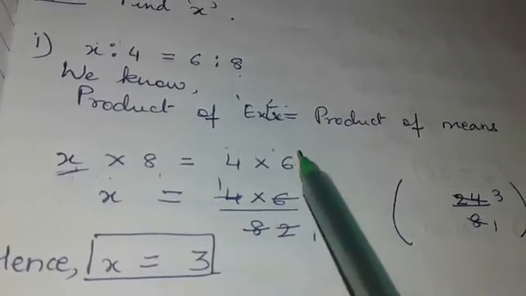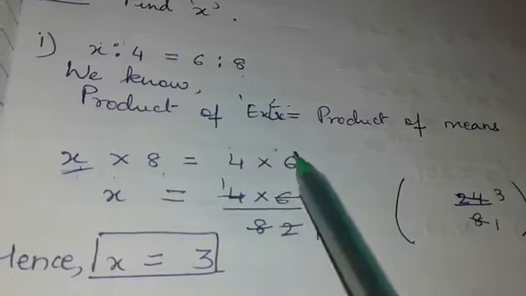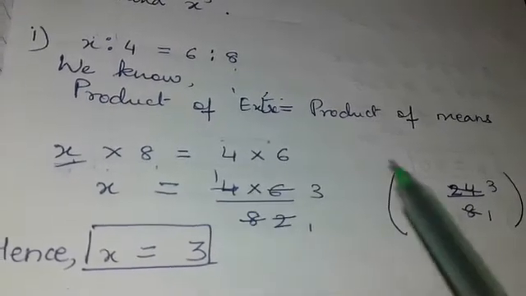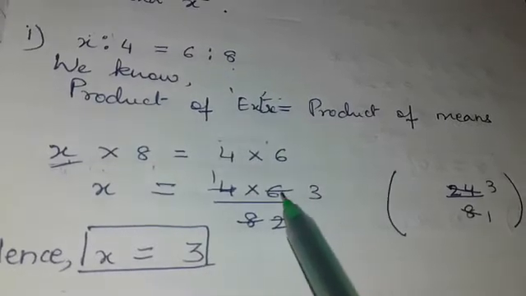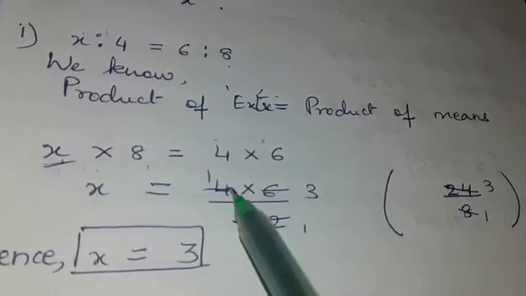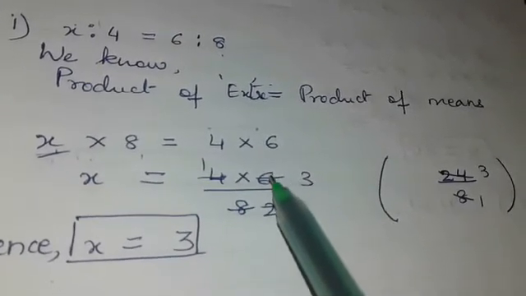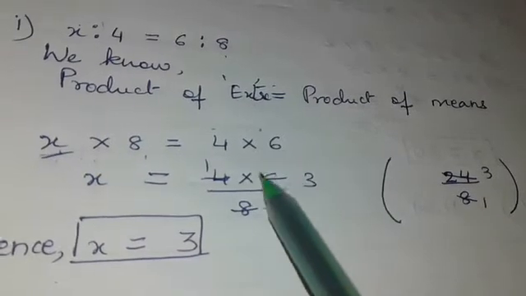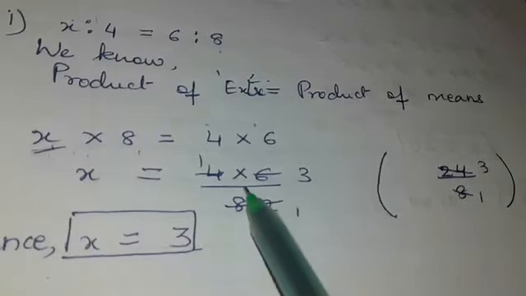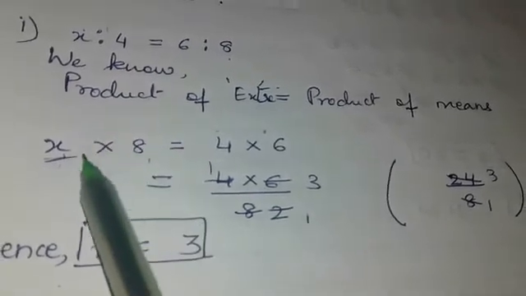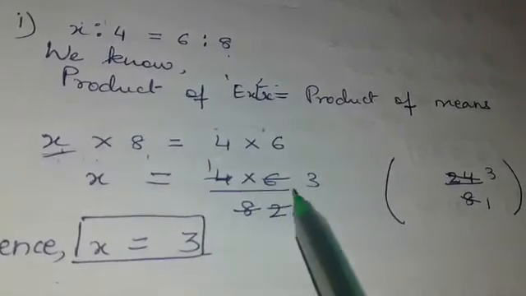You can multiply also, no issues. 4 6s are 24, you can also write here. I have written it this way so you don't get confused, so I have kept them as they are. So 4 into 6 as it is, and then this 8, which was multiplied by 8, has to be written somewhere here.